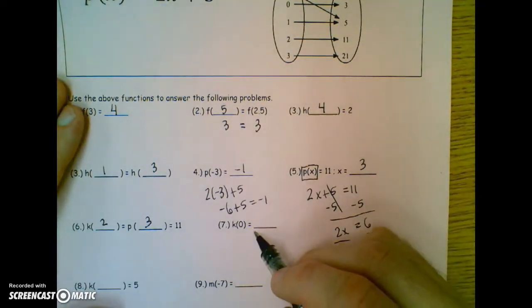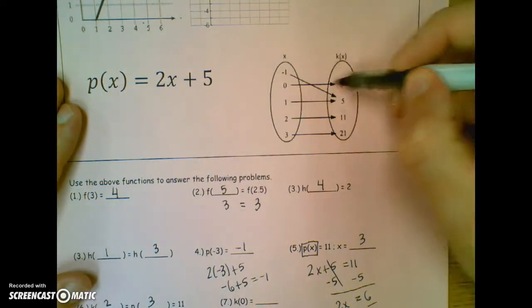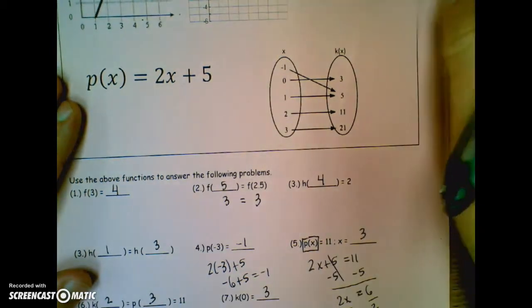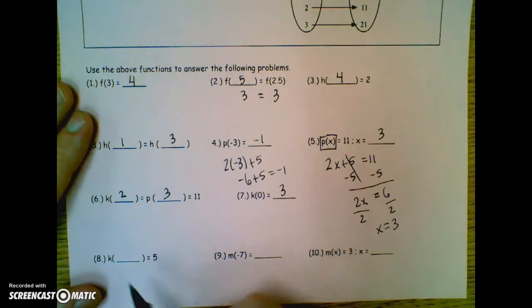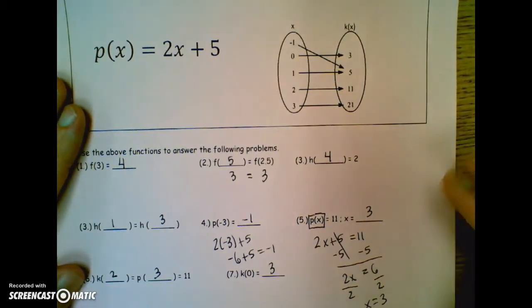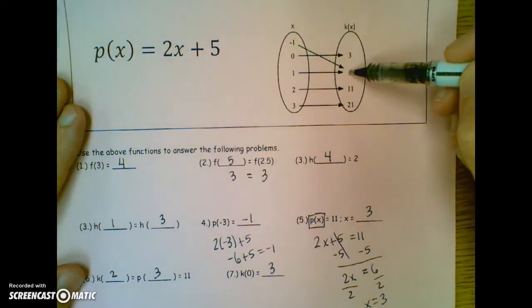The next one, k of 0. So I'm going to go to my mapping diagram. My input is 0. What's my output? 3. Using the mapping diagram again, what input will give me an output of 5? There's actually two answers here.